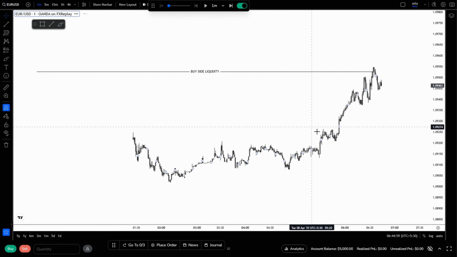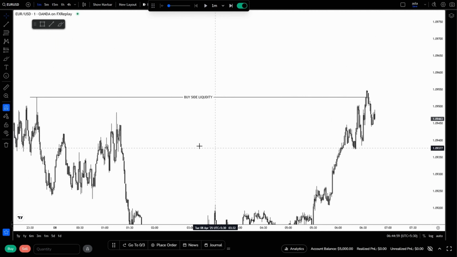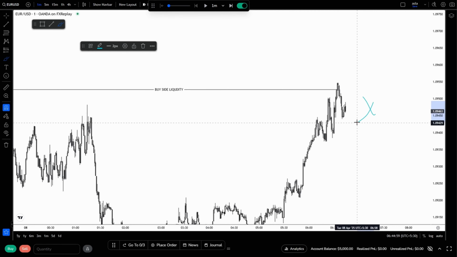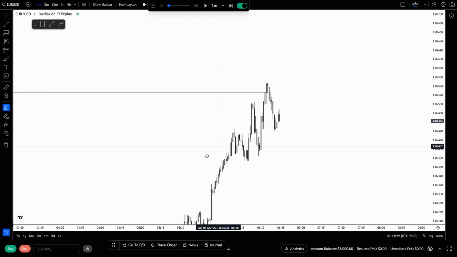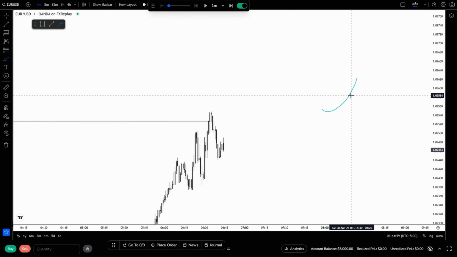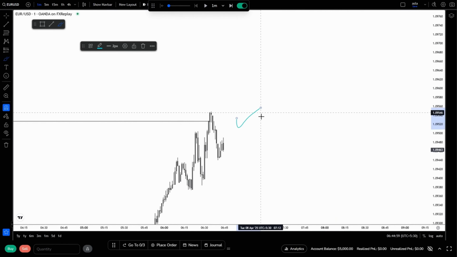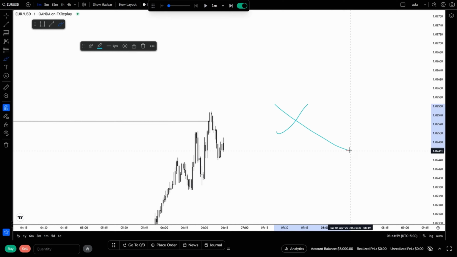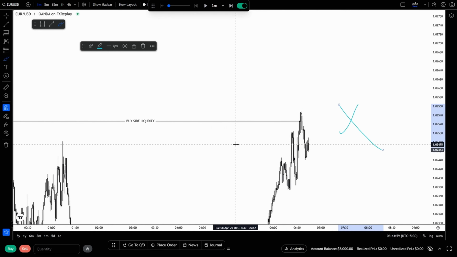When you see a liquidity sweep, you do not need to become biased toward any direction. A liquidity sweep by itself does not mean price will reverse. You must always depend on market structure and what price is actually doing on the lower time frame. In this case, the buy-side liquidity sweep does not give us any real confirmation of a bearish reversal.